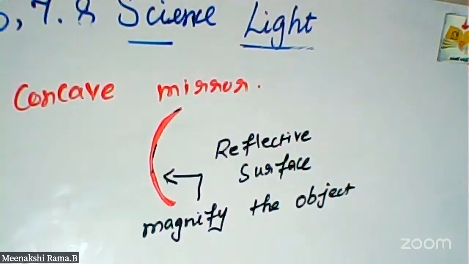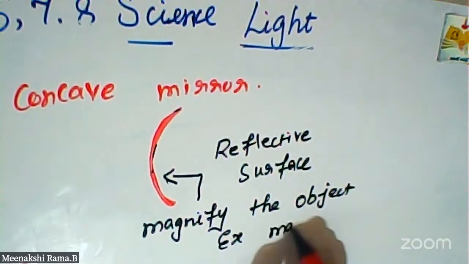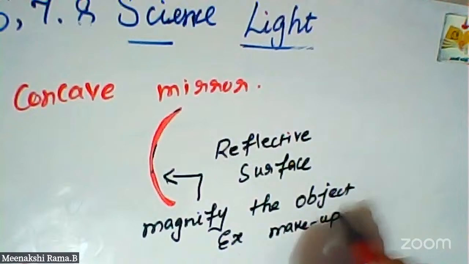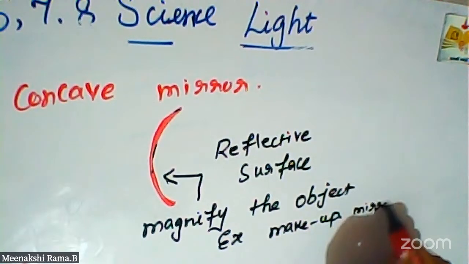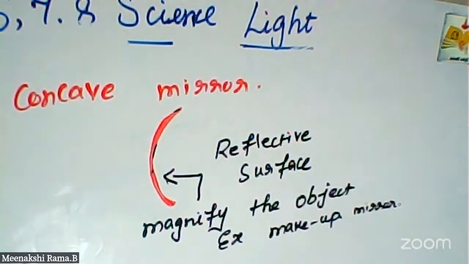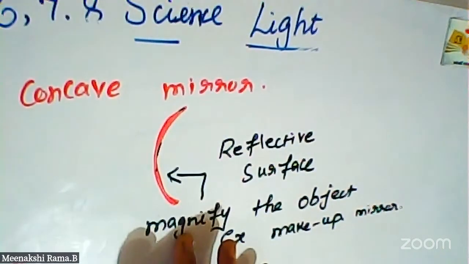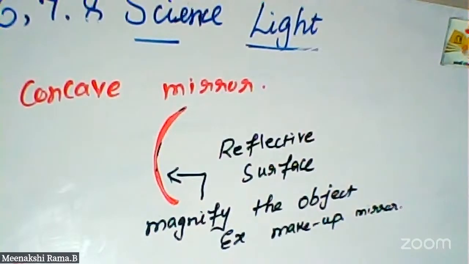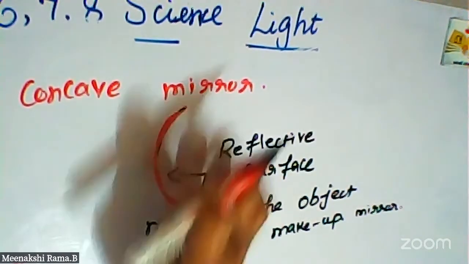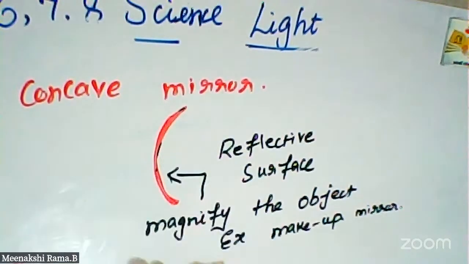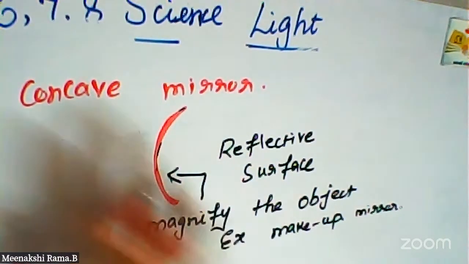An example of the concave mirror is the makeup mirror. We use it for makeup purposes, with different kinds of shapes. That kind of mirror is a concave mirror. The reflection of light occurs at the concave surface, so it is called a concave mirror.